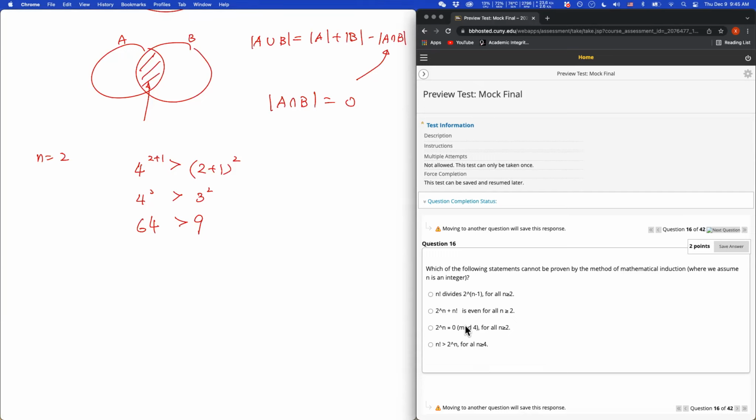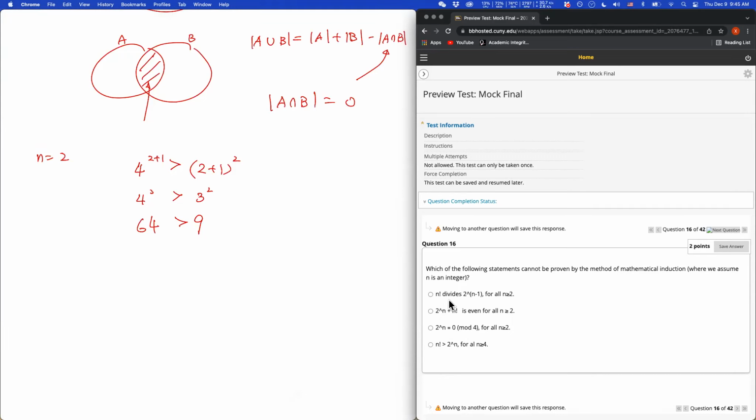Okay, now here it's asking which of the following statements cannot be proved by methods of mathematical induction. Now we assume n is an integer. Well, we know the only time you cannot use mathematical induction to prove a statement is when the statement is wrong.